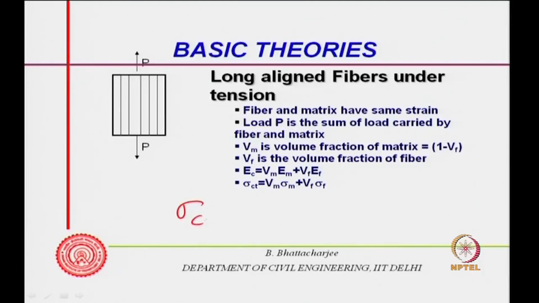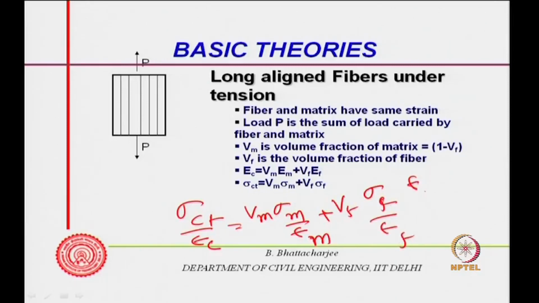So, I can divide sigma c t by epsilon, which is same, V m sigma m by epsilon m, strain in all of them same, plus V f sigma f by epsilon f, because epsilon m, epsilon f is equal to epsilon c, the composite, and therefore they are same, and this is nothing but stress by strain, the modulus of elasticity. So, it is a simple equation, one can easily derive it.